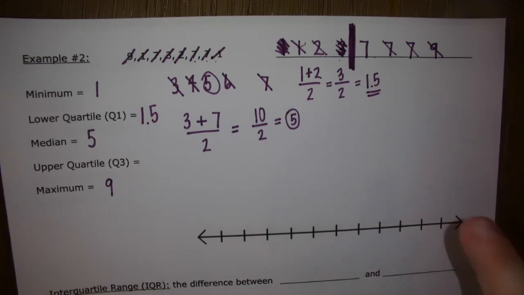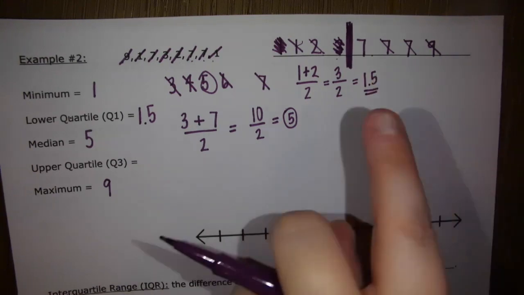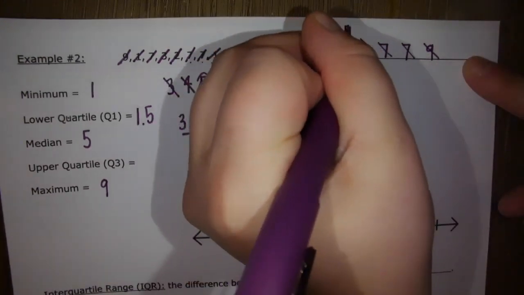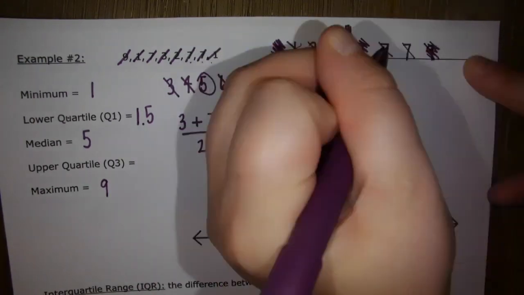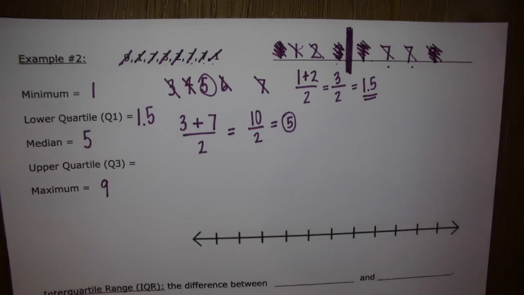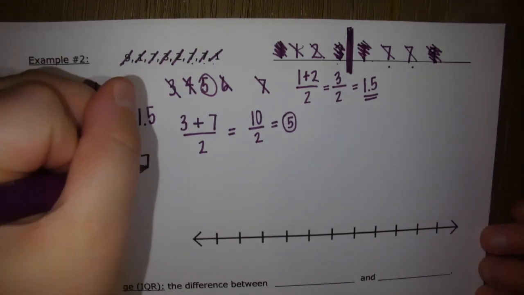Next step, we need to find our upper quartile. So I'm going to focus on my upper half of data. Start crossing from either side. And we're left with 7 and 7. That is the best case situation when you're trying to find what's in the middle between two numbers, because those two numbers are exactly the same. What's in the middle between 7 and 7? 7.